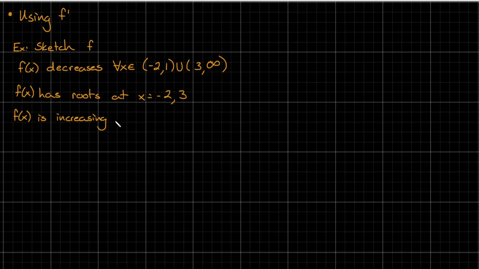We're increasing for all x in the interval -infinity to -2, union 1 to 3. Now, I can give us more information than this if we wanted, but I want you guys to just, from here, let's just sketch this.